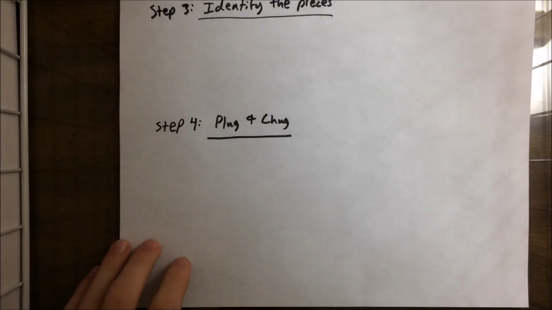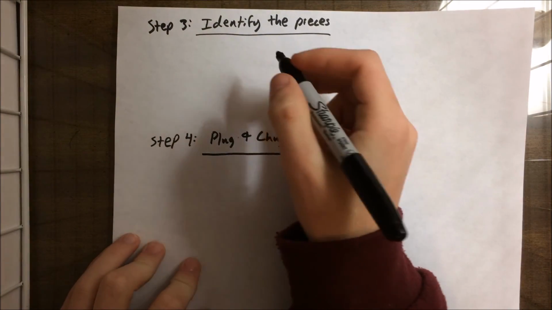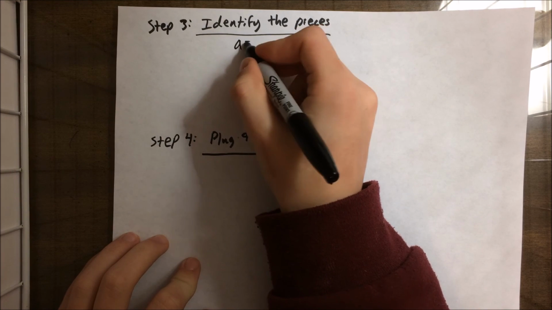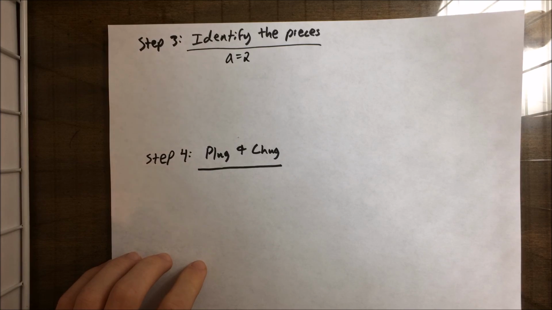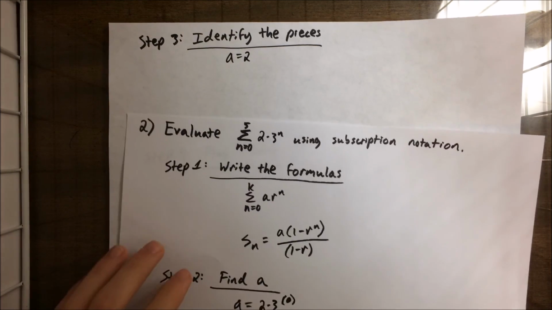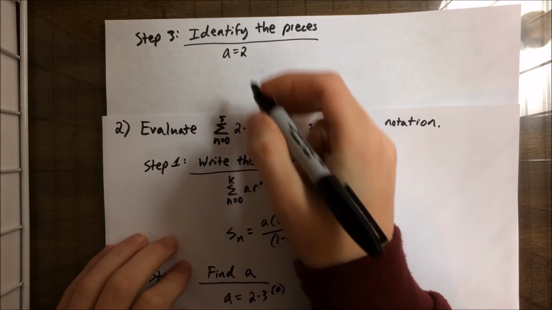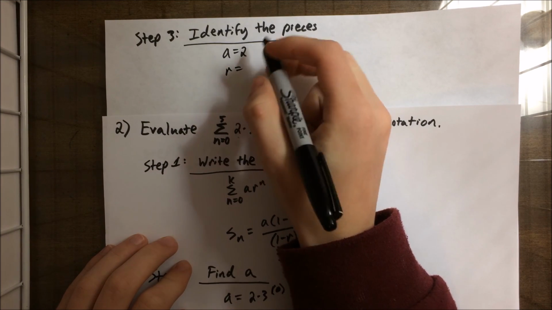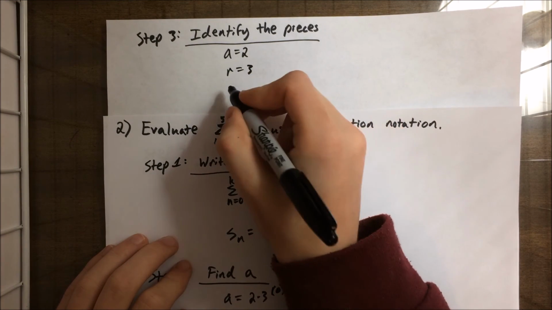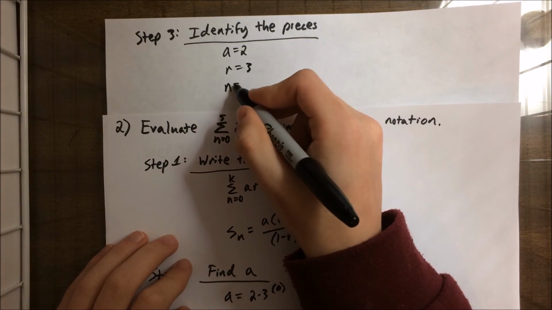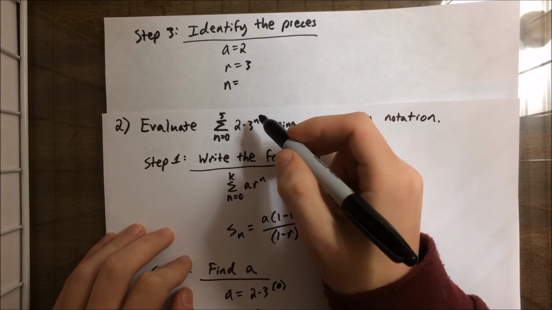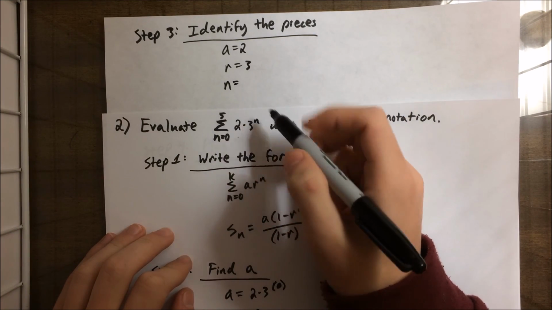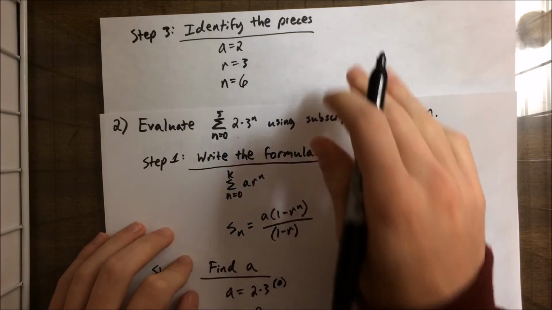So then step 3 is to identify the pieces. In step 3, a is equal to 2. Let's go ahead and pull this formula back up. So then r is equal to 3. Since n is going from 0 to 5, you actually have 6 terms, so n is equal to 6.